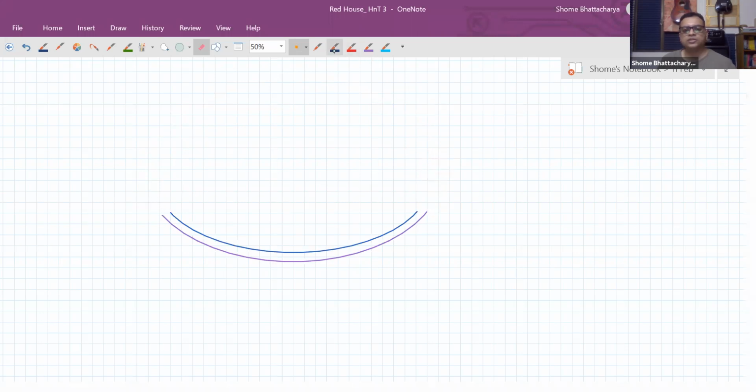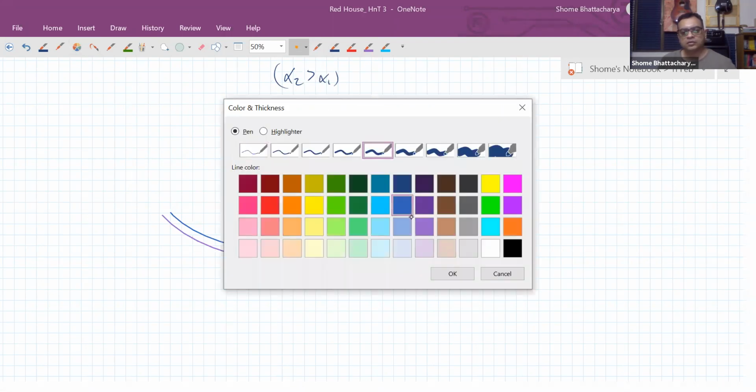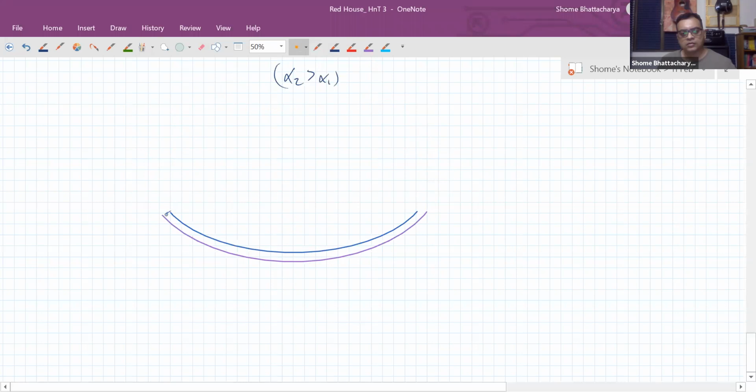So at a new temperature, assuming alpha 2 is greater than alpha 1, this is how the combined strip will now look. If they bend like this, the bent rod takes the shape of an arc.